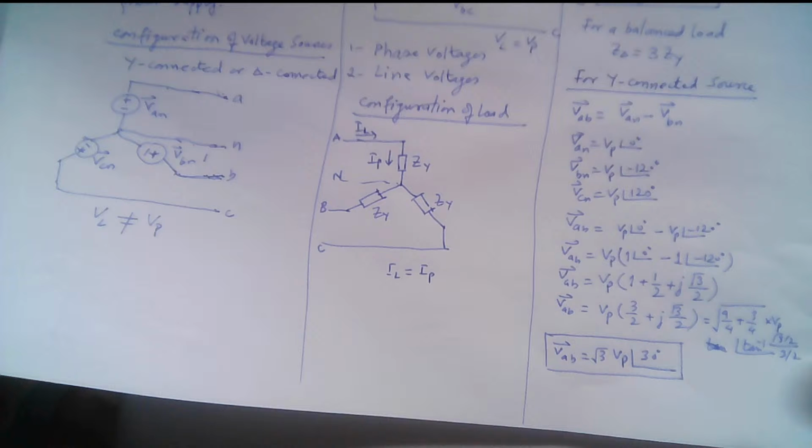So if this is 30, then 30 minus 120 will be minus 90 degrees.